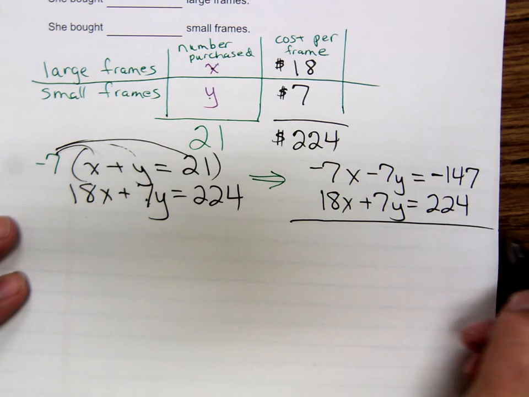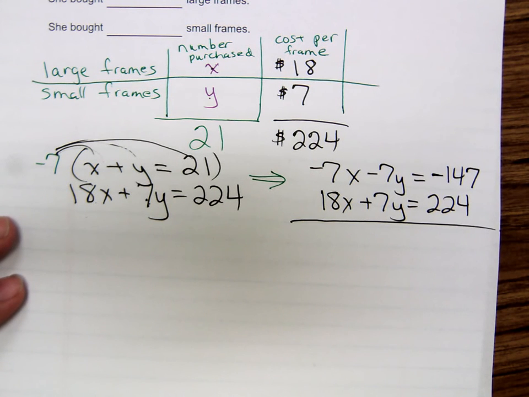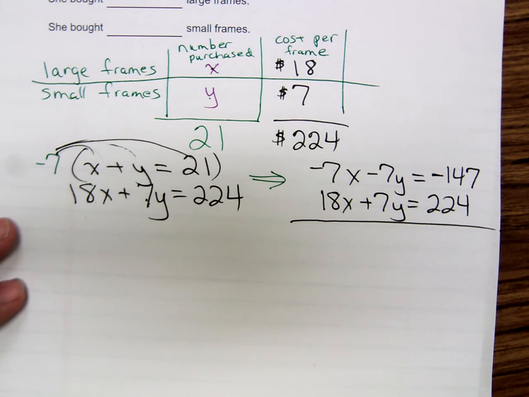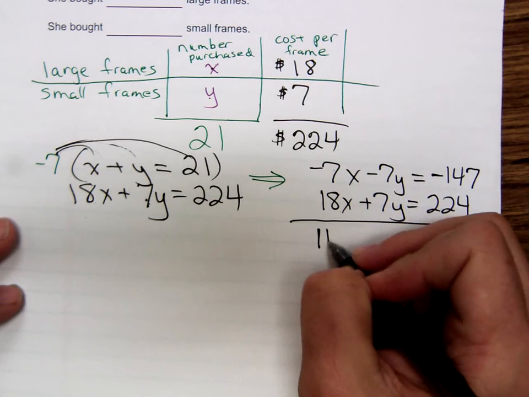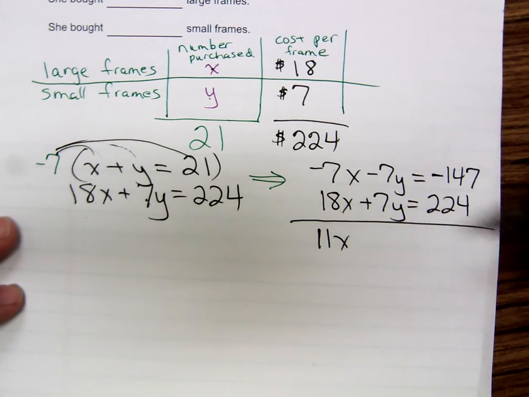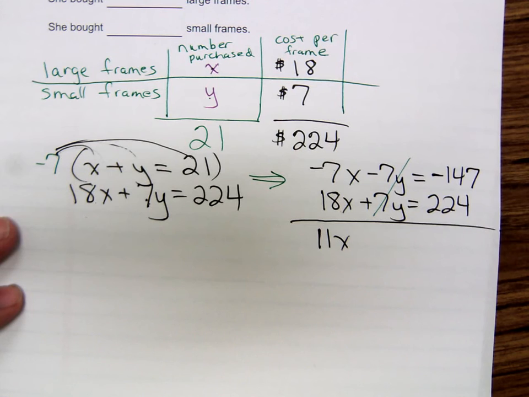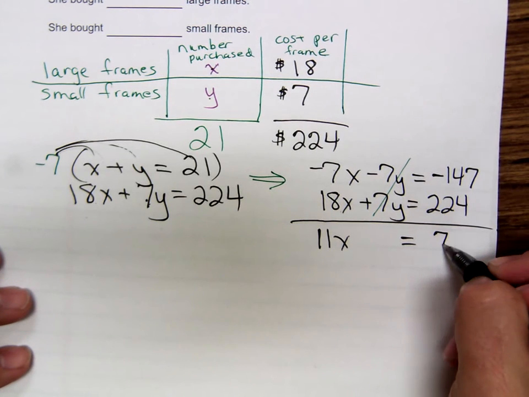Add the two equations together. That gives us negative 7x plus 18x, 11x, I agree. Adding the y's, what happens? So we just eliminated those. Negative 147 plus 224. That's going to give me, what is it? 77. I agree with 77.